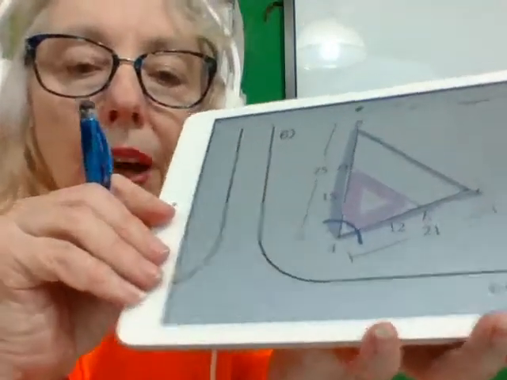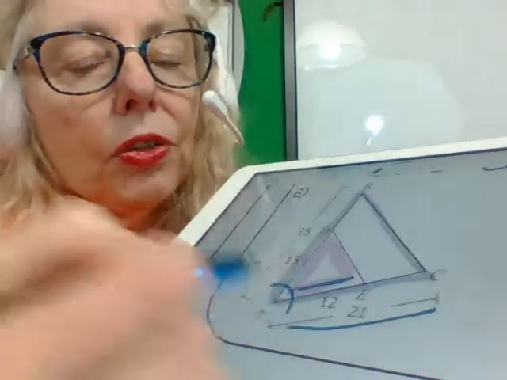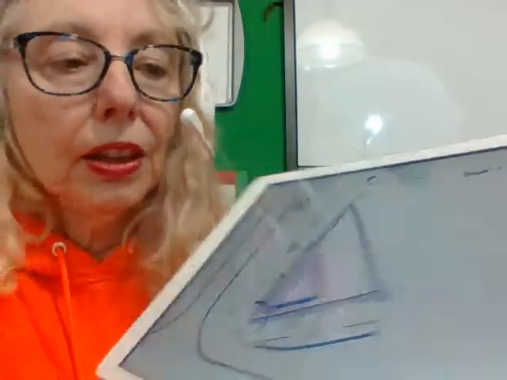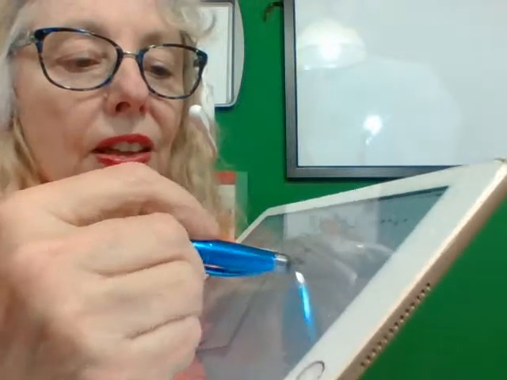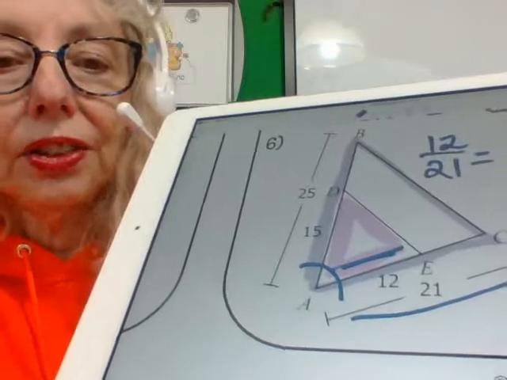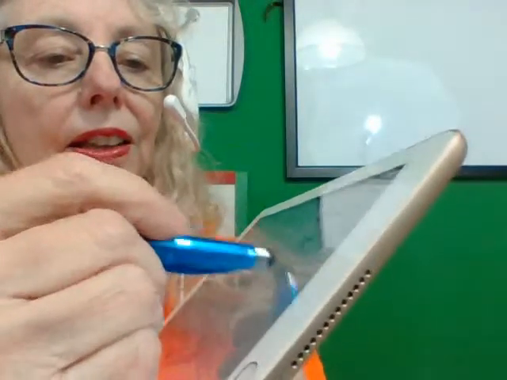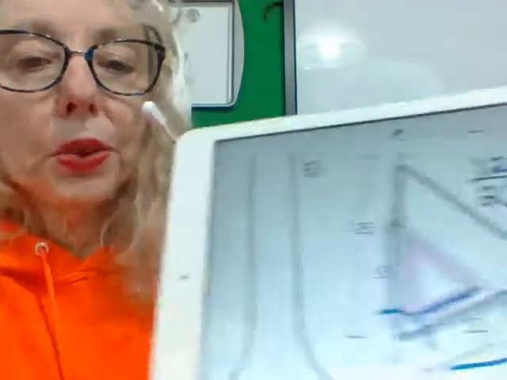So for the small triangle, we have 12 over 21, because that's the big side. So we can do 12 over 21. Okay, and then on the other side, the short side is 15 and the long side is 25.